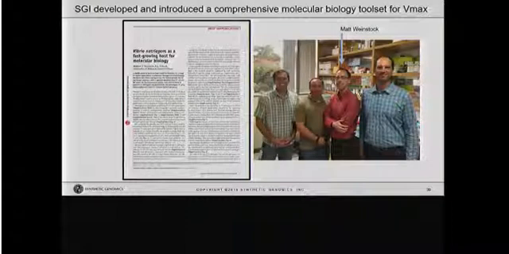So over the past several years, we've been developing a complete molecular biology tool set for molecular cloning and protein expression applications, and we published this paper last year if you're interested in learning more about it. This work was brought to us by this guy here, Matt Weinstock, who works on my team at Synthetic Genomics.